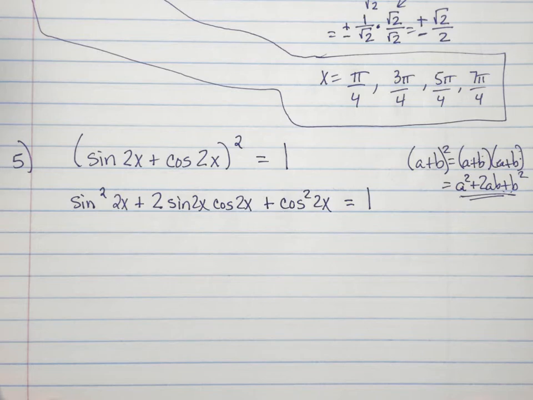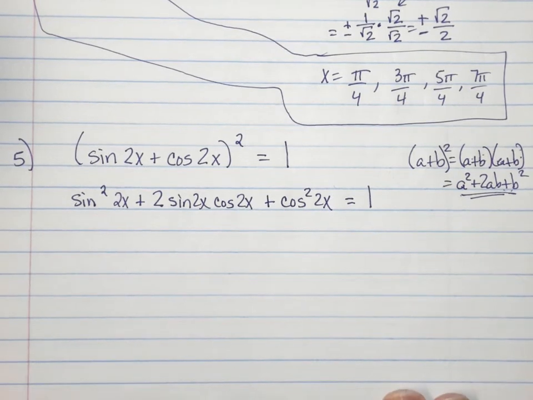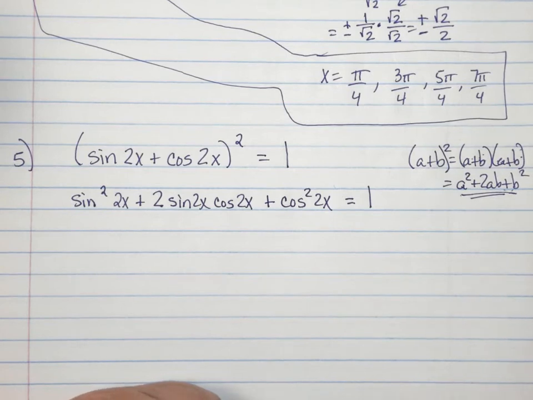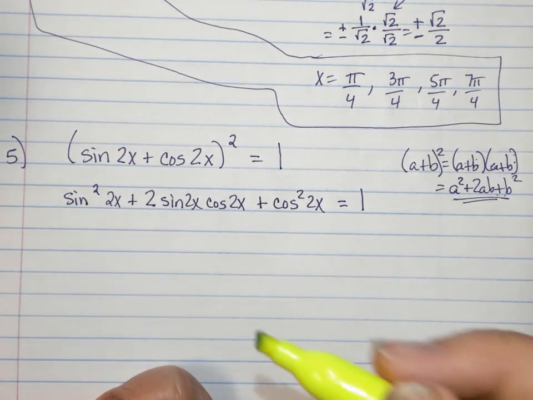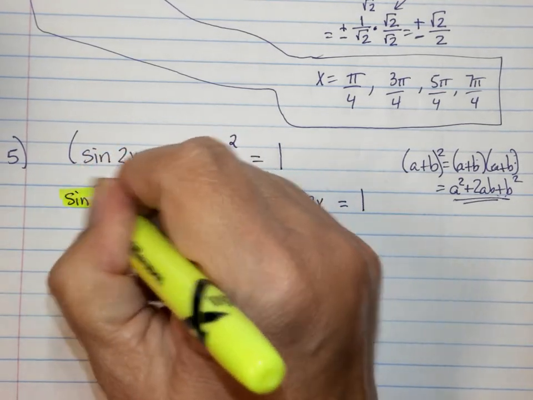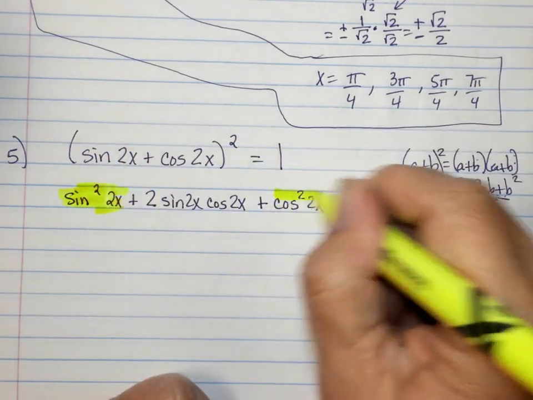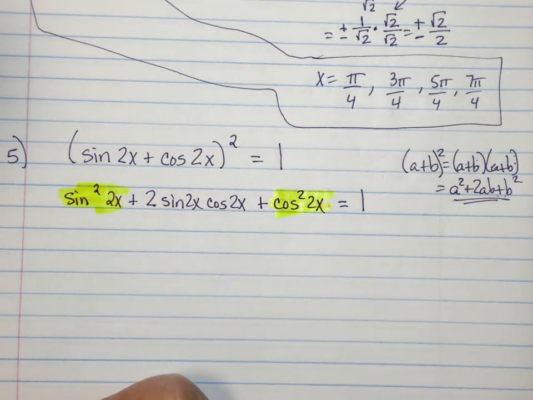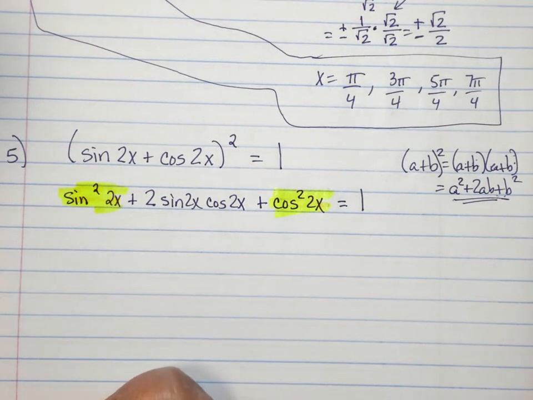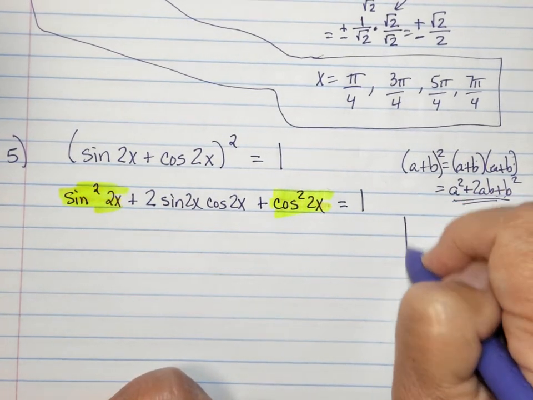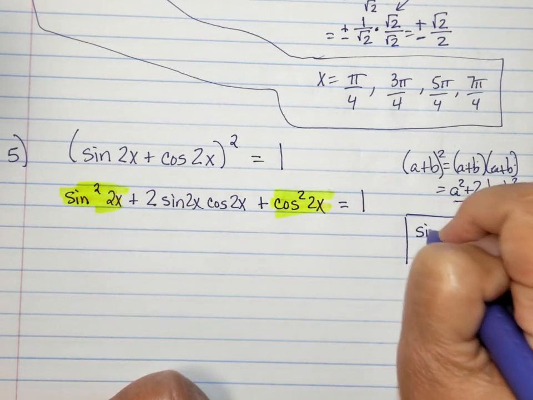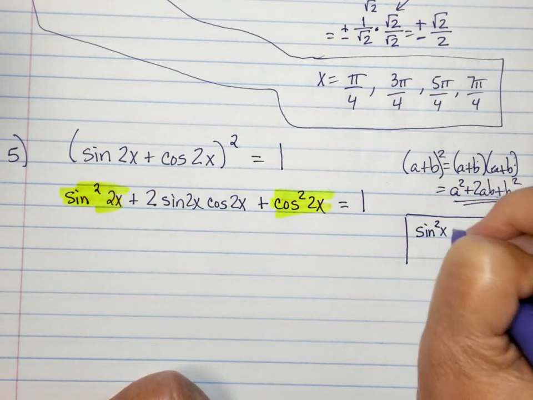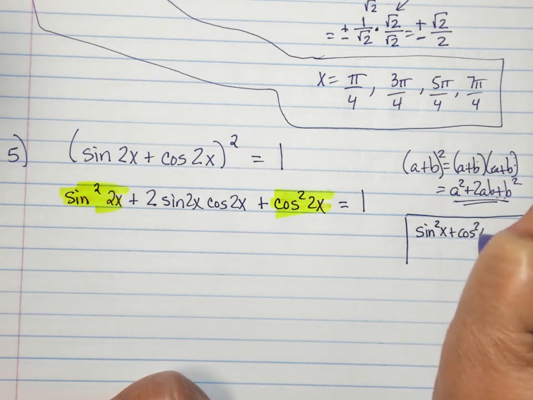And you could stare at this for a long time and think it's a big giant mess. But look for a Pythagorean identity in here. So again, over to the side, I'm not going to write this as part of my work, but isn't it true that sine squared x plus cosine squared x equals 1?